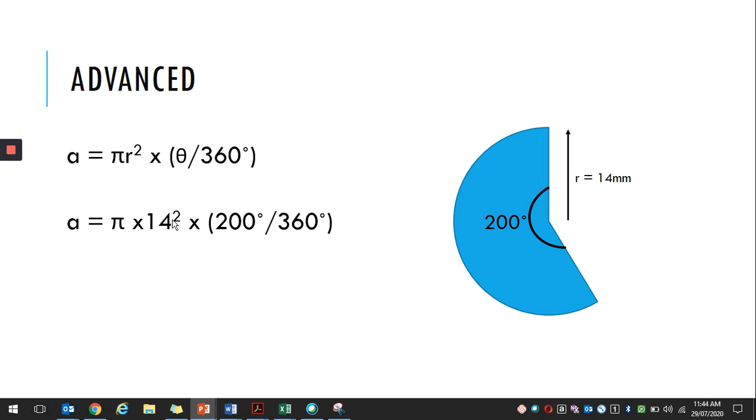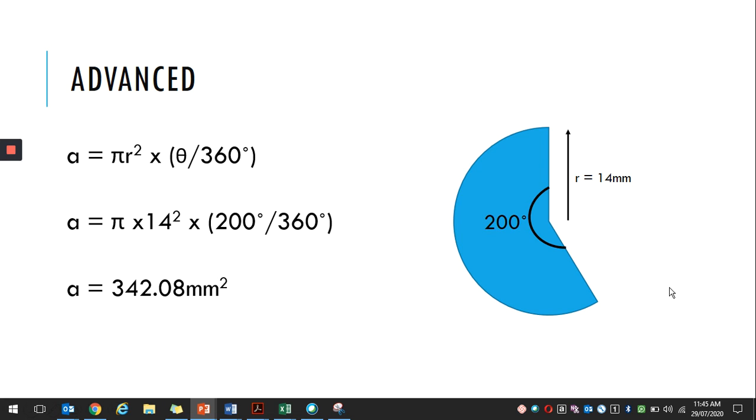So pi times 14 squared multiplied by 200 divided by 360. You'll notice I've put that inside parentheses or brackets, just so my calculator doesn't get too confused. So what that should be spitting out, and again, I've just rounded to two decimal places, is 342.08 millimeters squared. Again, squaring my units because we are dealing with area.